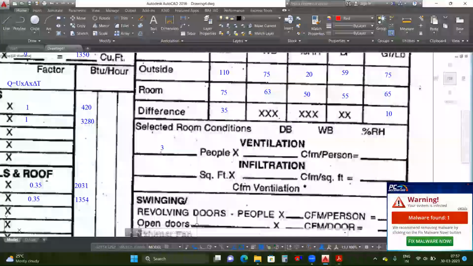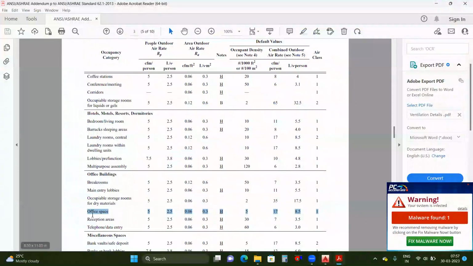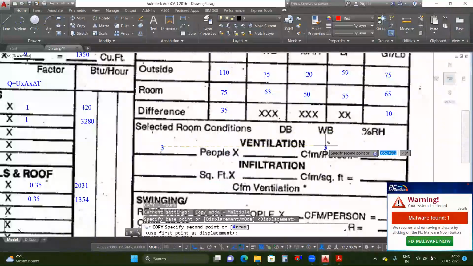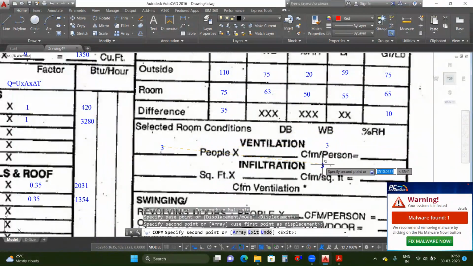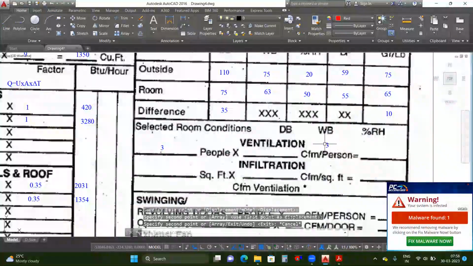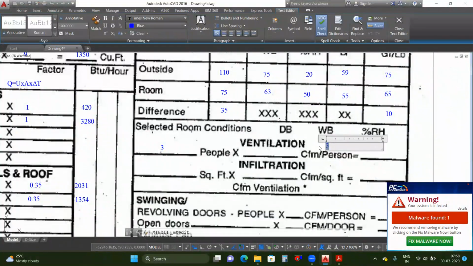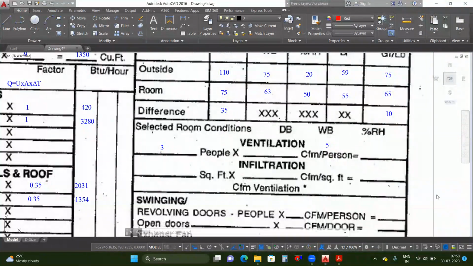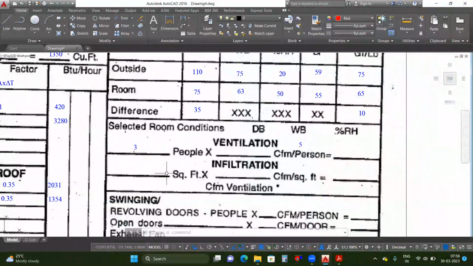So next, what is the CFM per person? CFM per person for office space is 5. Okay, so next I will enter the square feet.